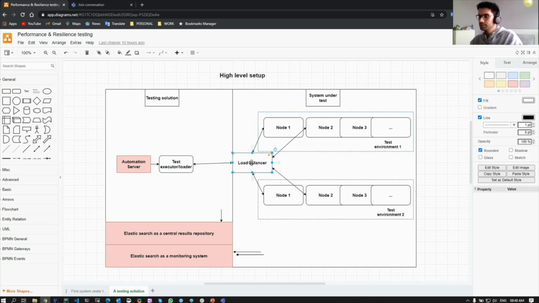There is a single load balancer which manages the traffic between different test environments and also between different nodes. So it's a key piece. If it's properly configured, it can handle lots and lots of environments at the same time, since load balancing is usually not that CPU intensive.